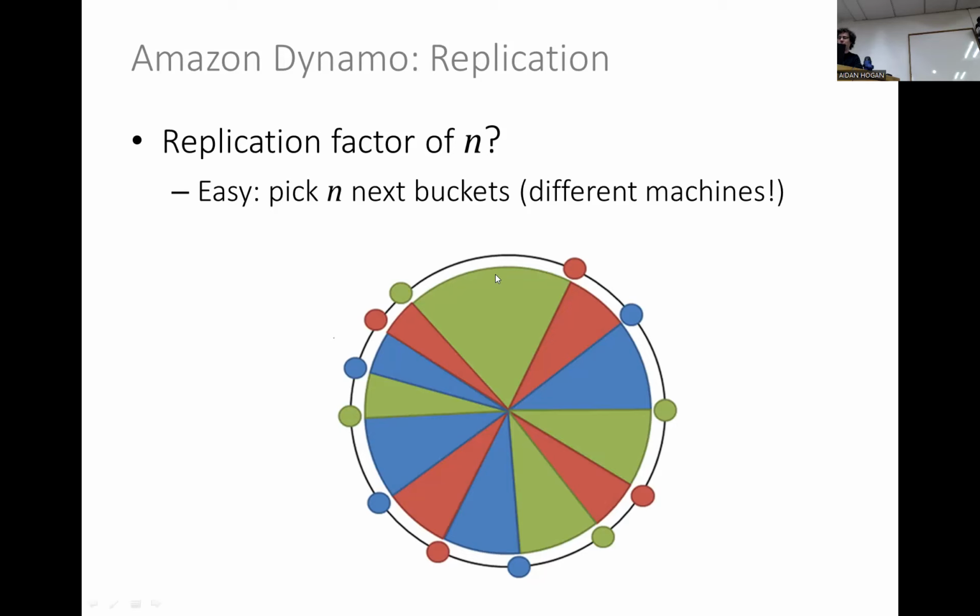We have 1 machine here, which is green. And if we need 2 machines, we just continue clockwise and assign it also to the right machine. We'll continue clockwise or anti-clockwise, whichever we choose, around the ring from the point until we get n unique machines. And that's what we're going to replicate. Here, n equals 3 would be a bit boring because we only have 3 machines, but okay.